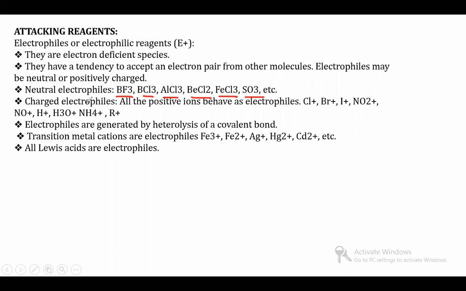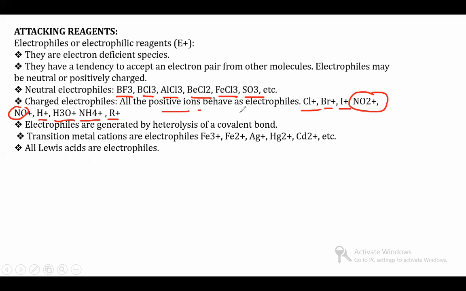In the case of charged electrophiles, they behave as ions with positive charge: Cl plus, Br plus, I plus, NO2 plus, NO plus, H plus, H3O plus (hydronium ion), NH4 plus, and R plus, an alkyl group.